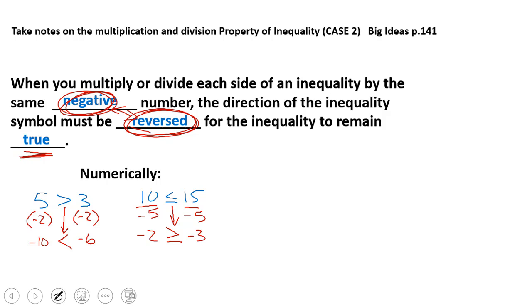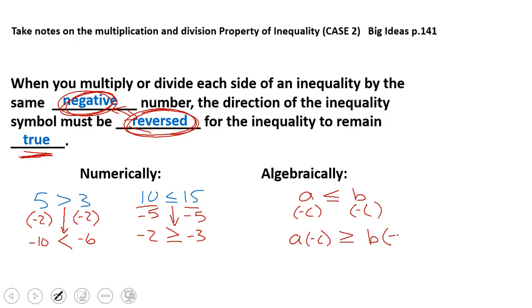Of course, doing things algebraically with letters, we would say A is less than or equal to B, and if we multiply by a negative C, we would say that A times a negative C is greater than or equal to B times a negative C. That's what we would say.